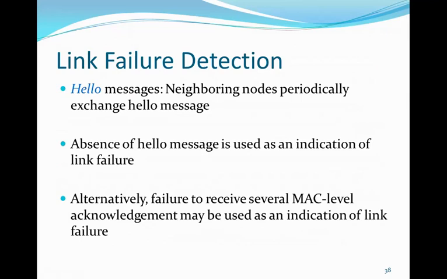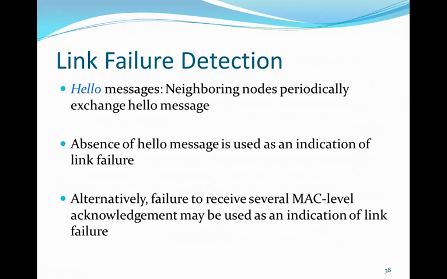For example, if a hello message is not received from a node in the neighborhood for a longer period of time, it gives us an indication that the link has failed or the node has failed, and it is not possible to forward data through that link.